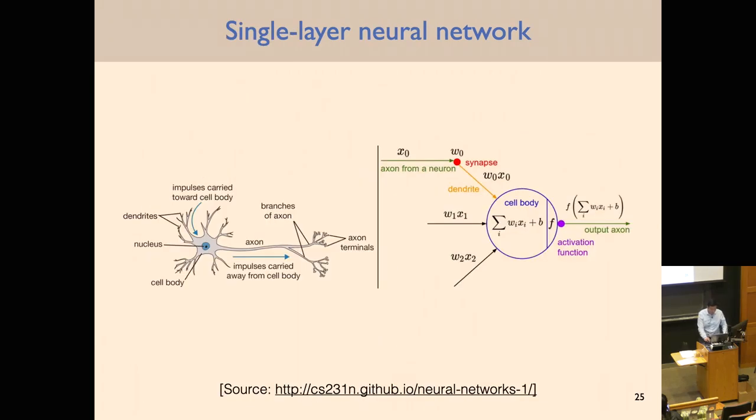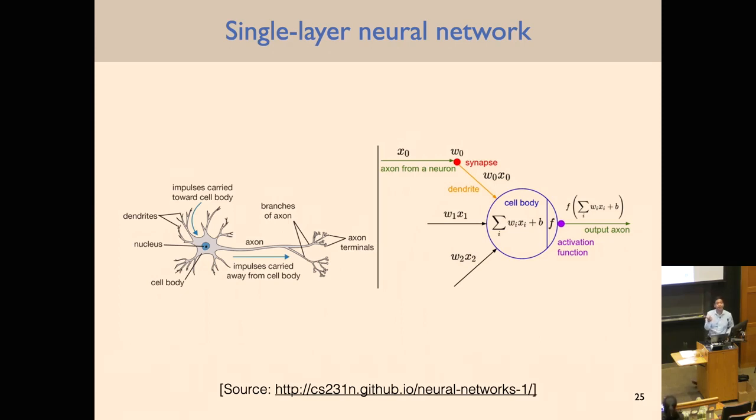Okay, so a single artificial neural network has this general structure. You take in a bunch of inputs, represented here by x. You can think of x as just some vector in a finite dimensional vector space. You take each of the dimensions of x and multiply them by some weight.